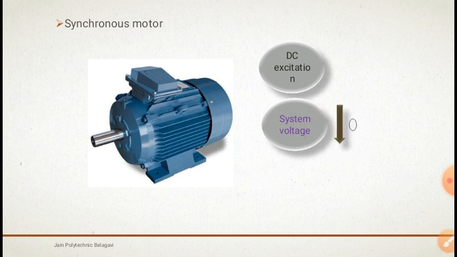So the supply of electrical power to the motor stops and the motor starts working as a prime mover, as the DC excitation is maintained. The motor starts working as a generator. Electrical energy is generated and fed to the fault point. The magnitude of short circuit current which it can supply to the fault point depends on the output of the motor, which is in kilowatts, and the reactance and voltage rating of the motor.